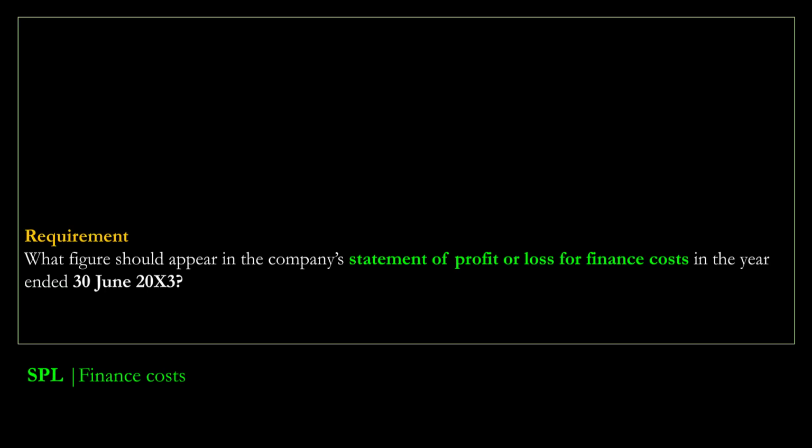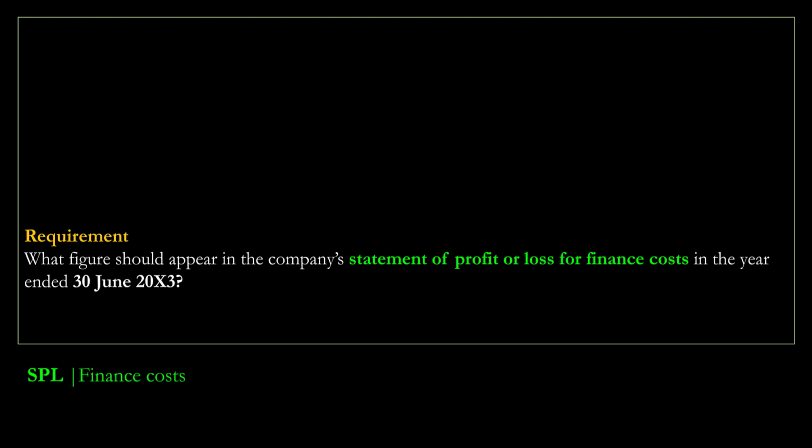Now, armed with an understanding of the accrual accounting and recognizing that the finance cost figure is required for the profit and loss, let's begin. As usual, I will dissect this question step by step, reading each sentence and crunching the numbers specifically for SPL.